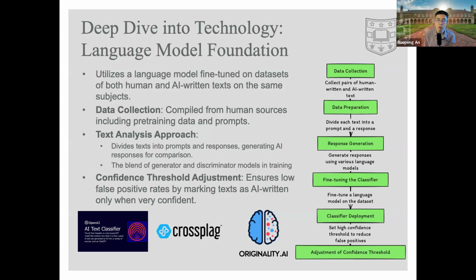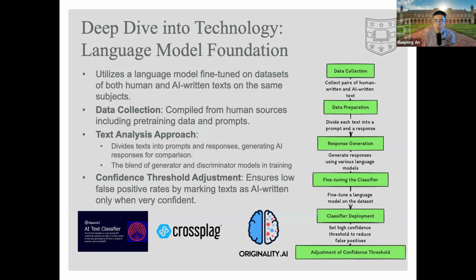So for example, you may use a human-written text and then ask AI to write a similar text using the same prompt. And then, after we get an abundance of, probably tens of thousands, if not millions of pairs of text written by human beings as well as by AI, we can train a supervised classifier.